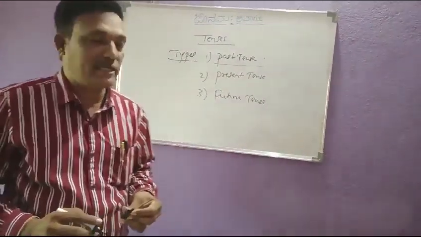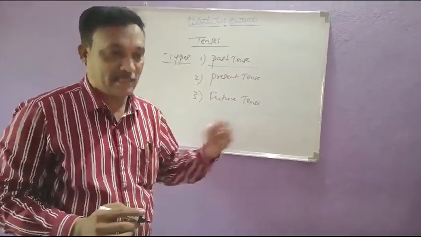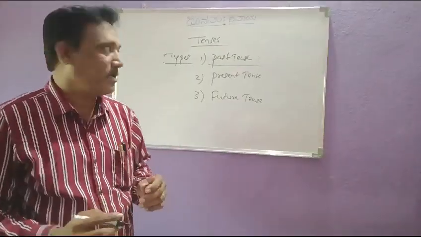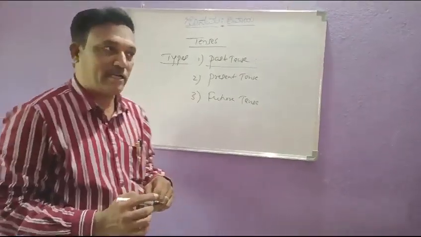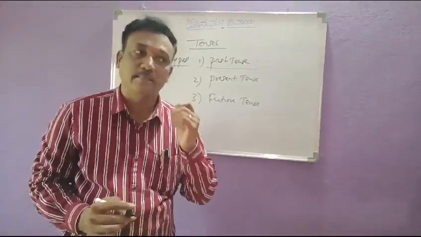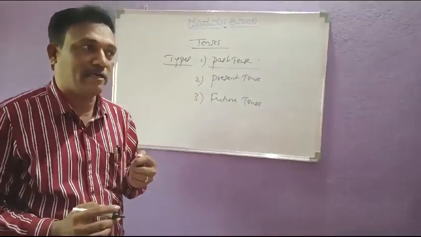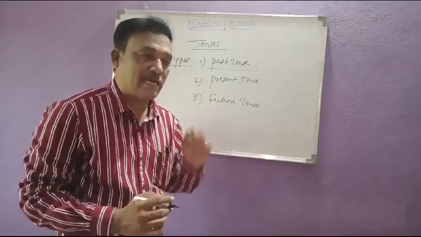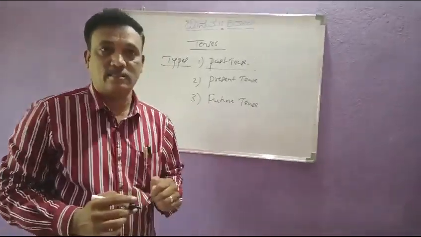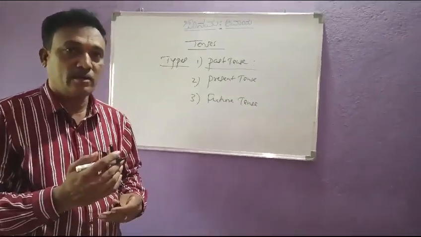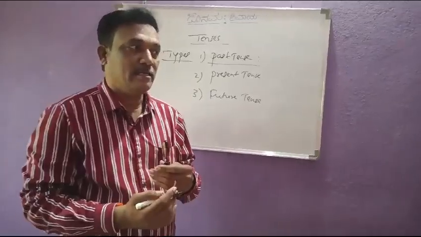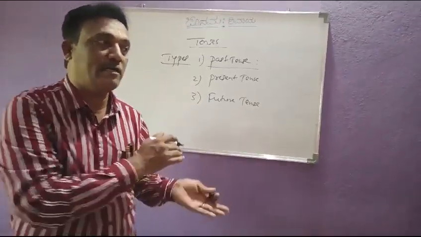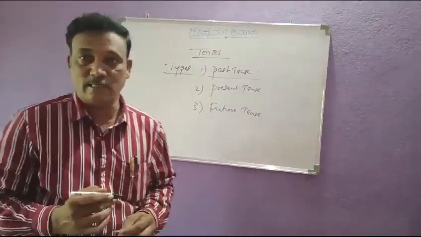So when your activities are completed in the past, that tense is called a past tense. For example, when anyone is attending classes in the morning at 10 a.m., before 10 a.m. that time is called a past tense. So the activities which have already been done are called past tense.